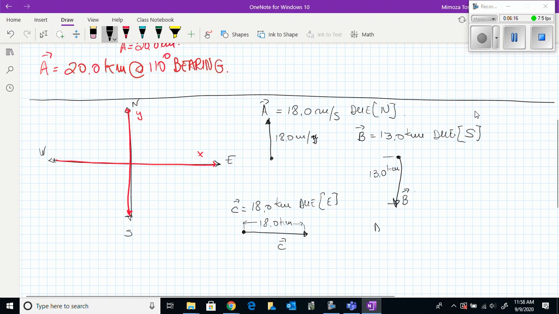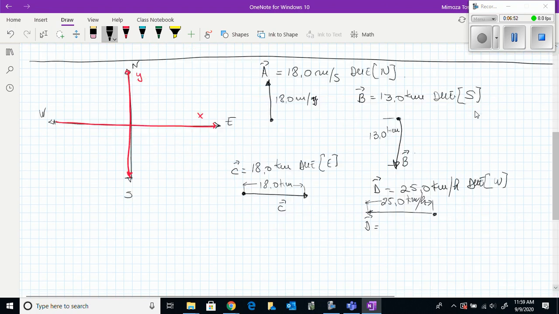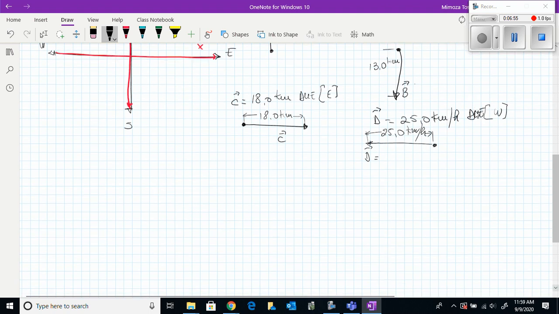And if we have a vector D that is 25 kilometers per hour due west, then the graphical representation will be something like this, and the line segment represents 25 kilometers per hour. So now, this is when we have due in one of the axes.